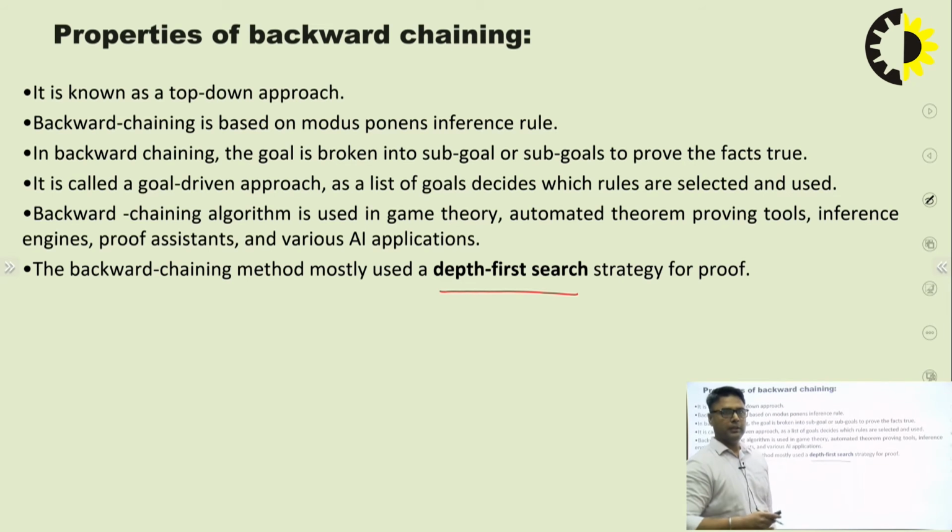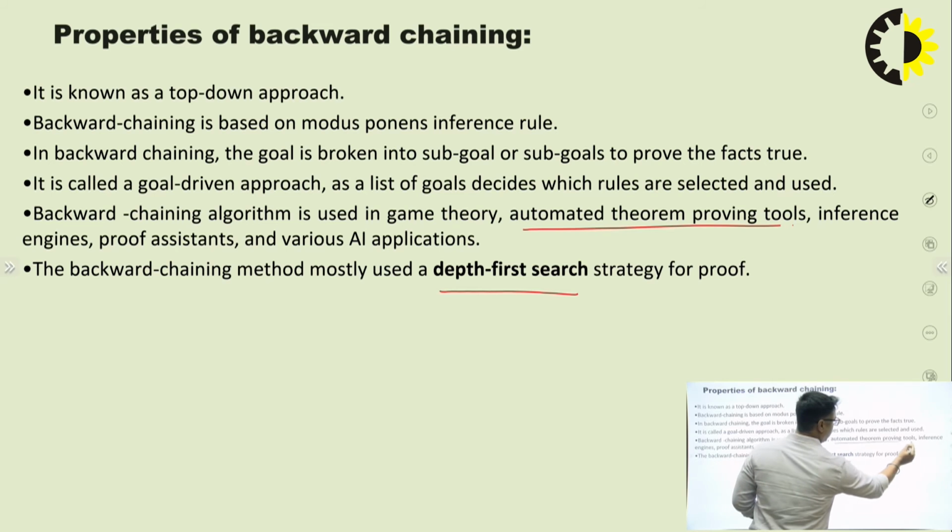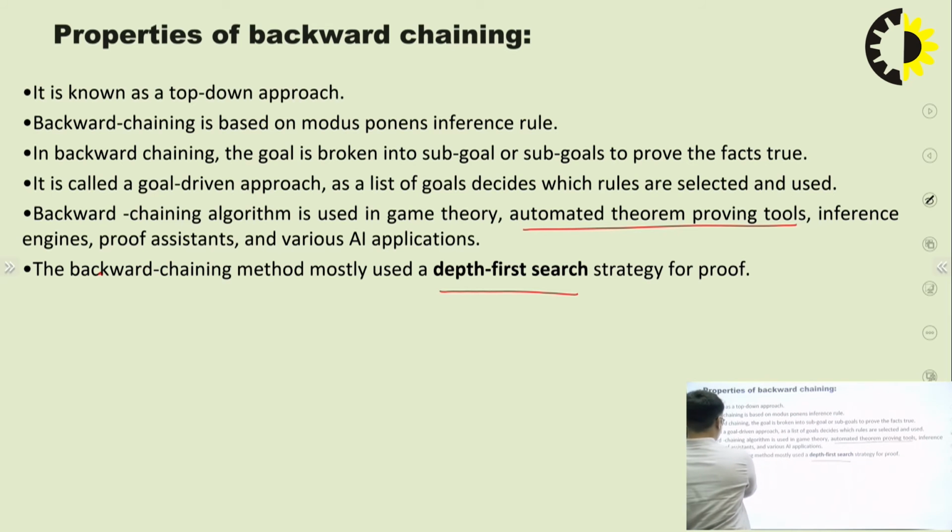Then I have to backtrack, and after backtracking I move on to the goal side. So here, automated theorem proving tools, inference engines, proof assistants, and various AI applications are using backward chaining, because in that case you have to use forward and backward goals.